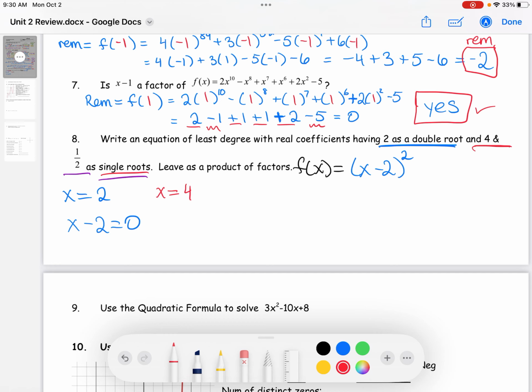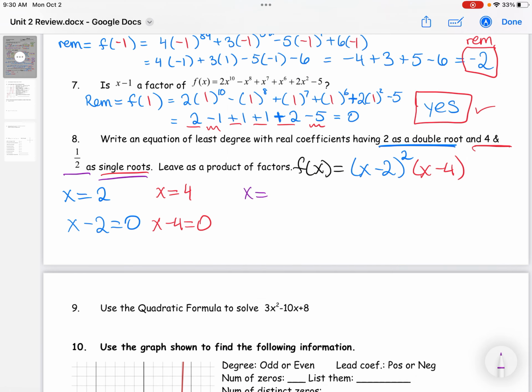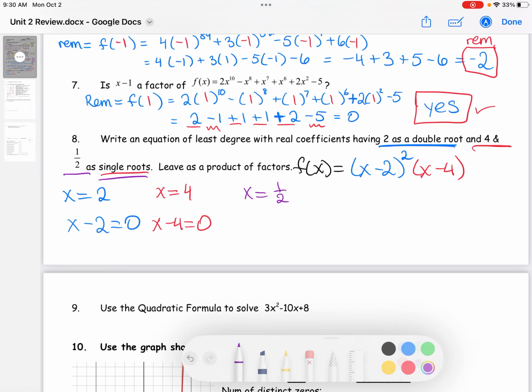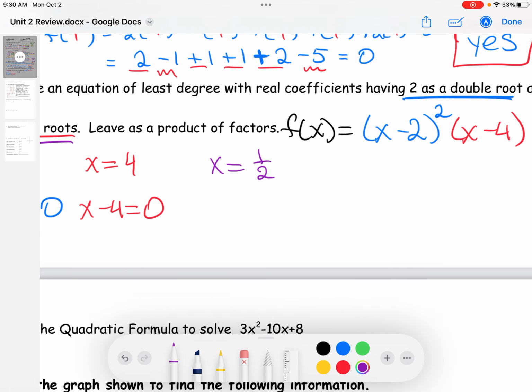4 is a single root. x equals 4. So then x minus 4 equals 0. So x minus 4 is another factor. And then for 1/2 to be a single root, we don't use fractions in factors. So what we will do instead is multiply both sides by 2 to divide out the denominator.